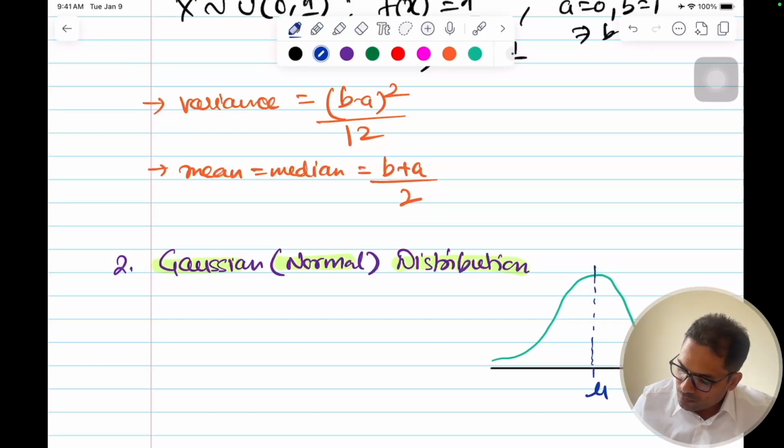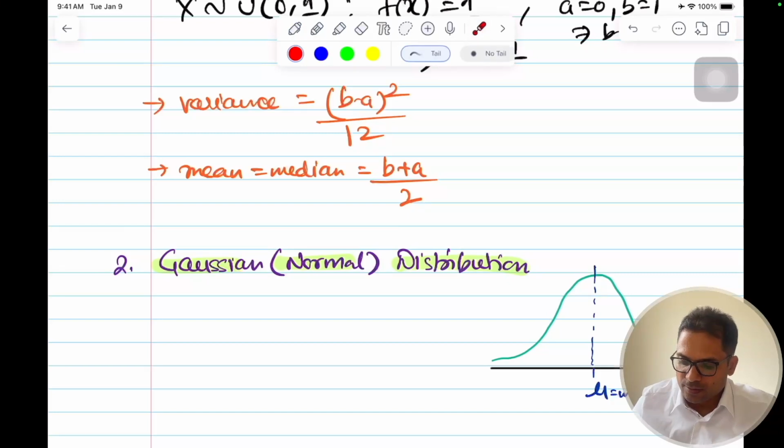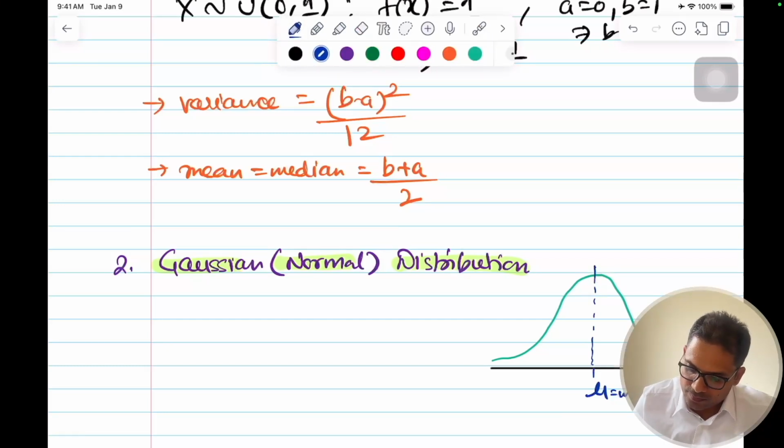This is equal to mu, equal to mean. Okay. So if you see here, the density on this axis gives us the probability.